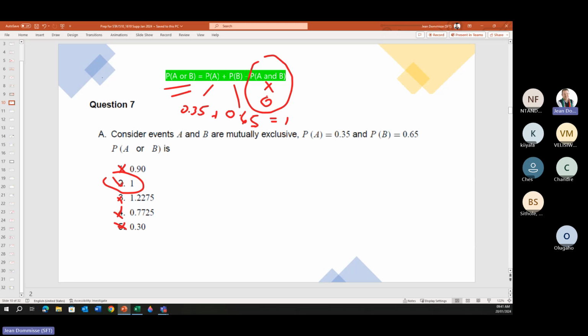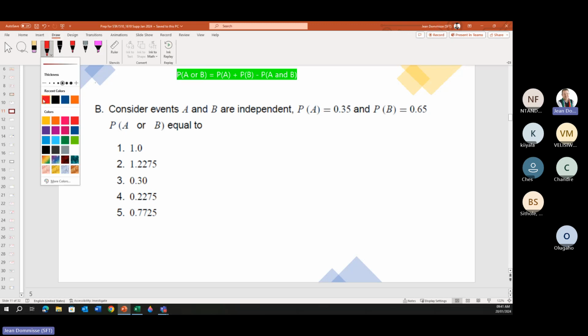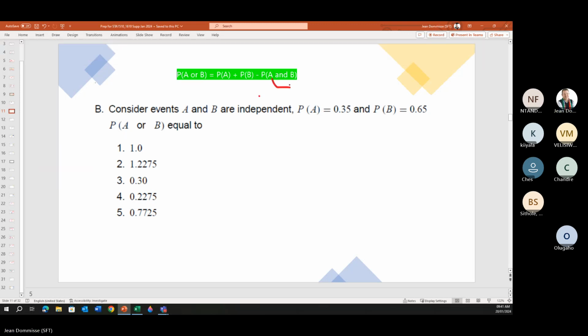Okay, so that was basically what I wanted to show with this question. The other one is going to be independent. So again, if something is independent, the AND is the probability of A times probability of B.